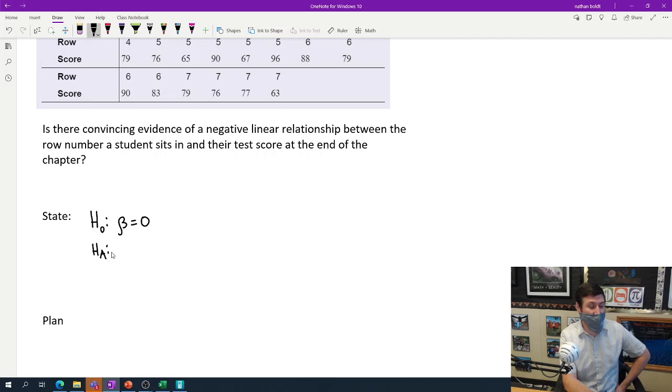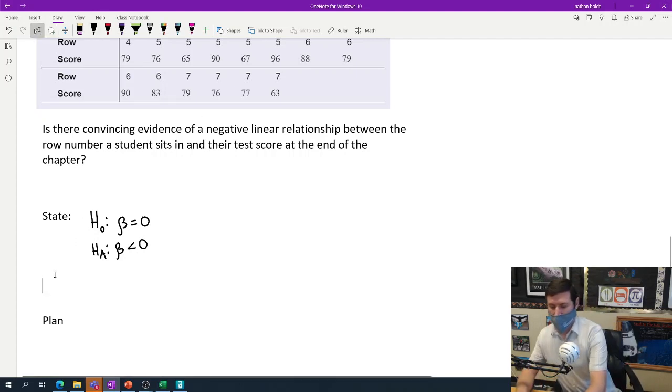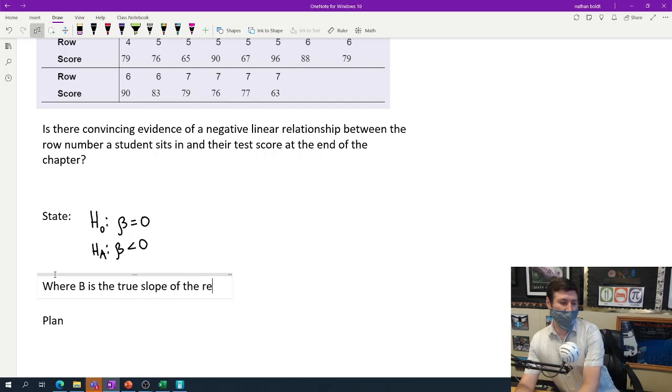Our alternative is that there is a relationship, that slope is less than 0. Where b is the true slope of the regression line relating row number and test grade, right?